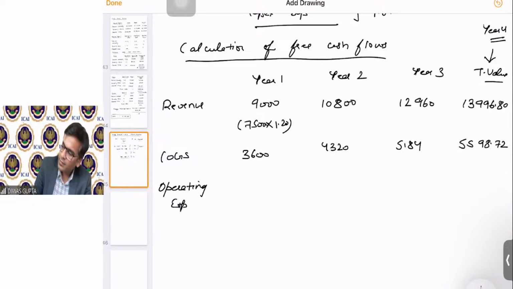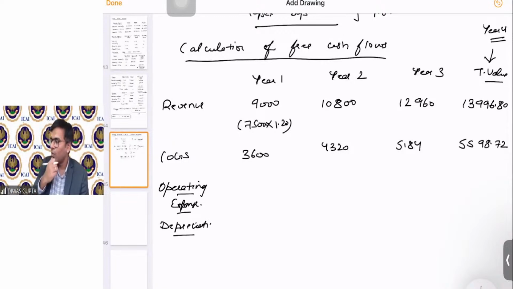Operating expenses. Now, since operating expenses included depreciation, what we are doing is we are separately calling out the depreciation here and operating expenses here. Now, what were operating expenses in totality? Operating expenses were 2,250. From that, we are reducing depreciation of 600.